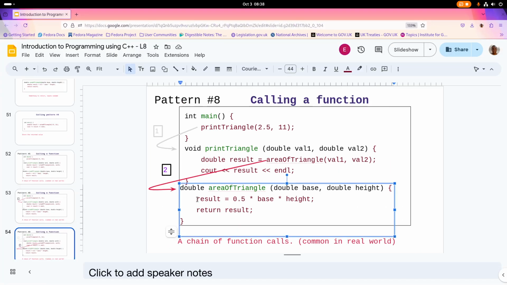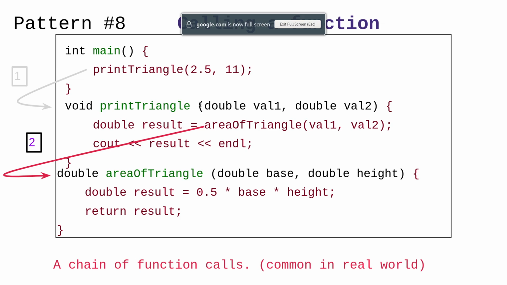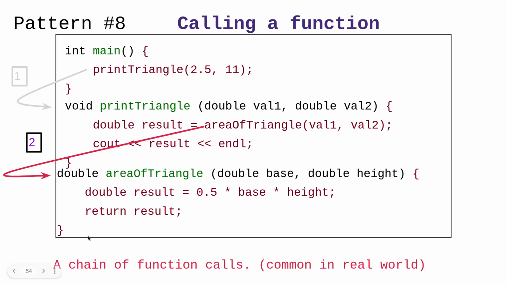Double. Okay. So I create a variable of type double, which allows me to store the area of the triangle, and then I return that result.